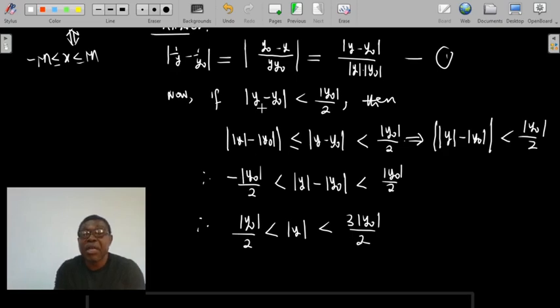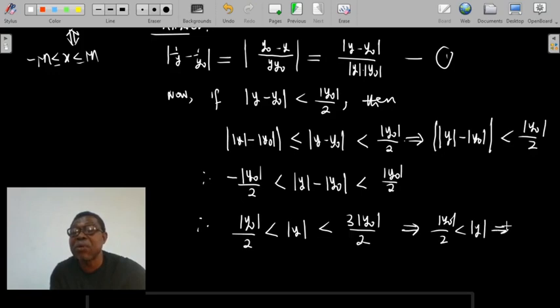And for that reason, the last inequality implies that absolute value of y naught over 2 is less than absolute value of y, which is equivalent to 1 over absolute value of y is less than 2 over absolute value of y naught.